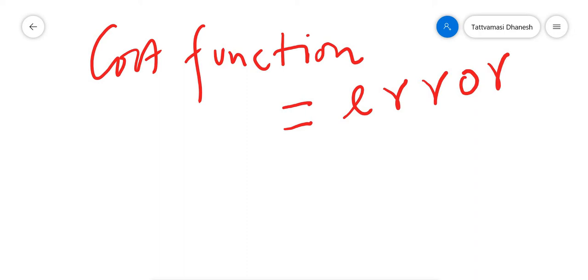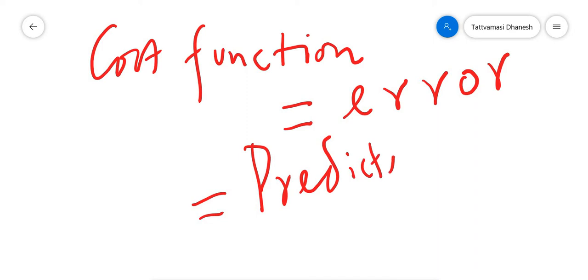That means it is the predicted value of the machine learning model minus the actual value. Actual value, you call it the target value as well. So this is cost function.